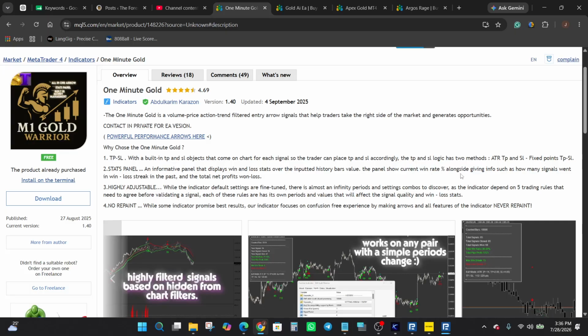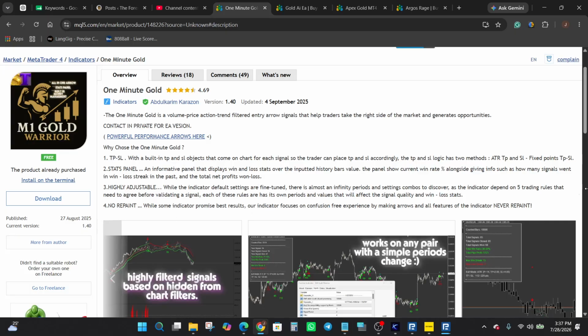The exact logic behind those rules is not explained on the marketplace page, so it is best not to assume how they work internally. Instead, traders will need to experiment with the available settings themselves to understand how different configurations affect the signals.